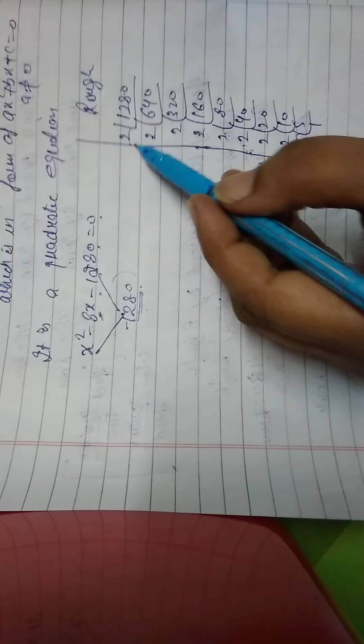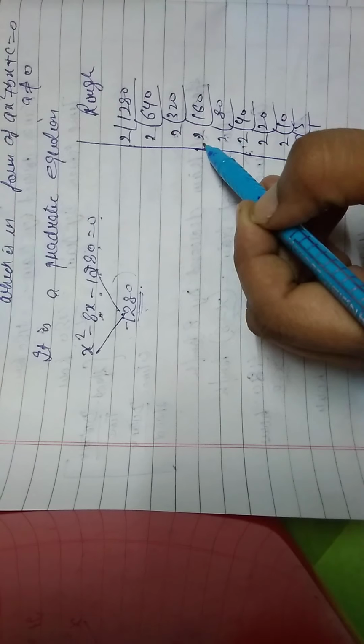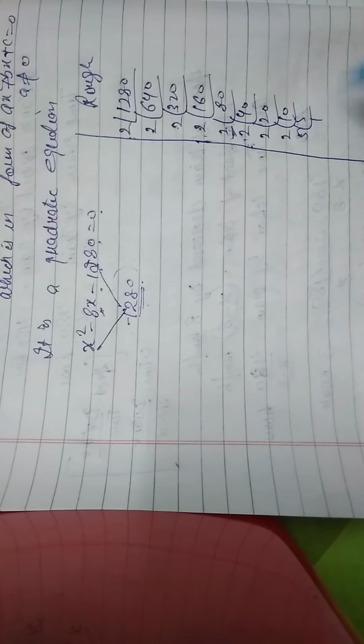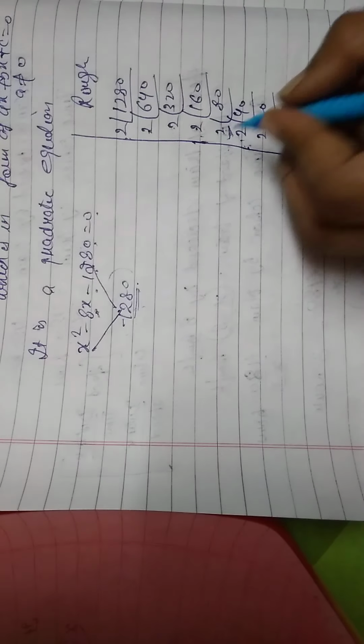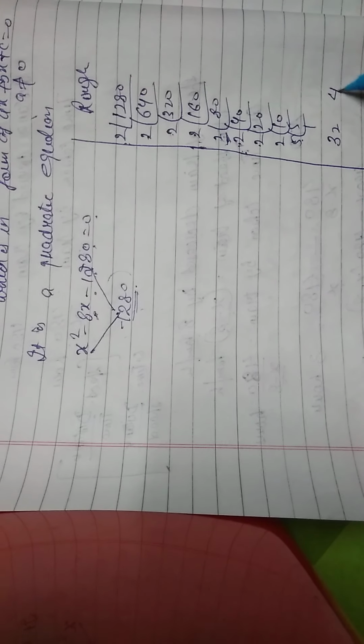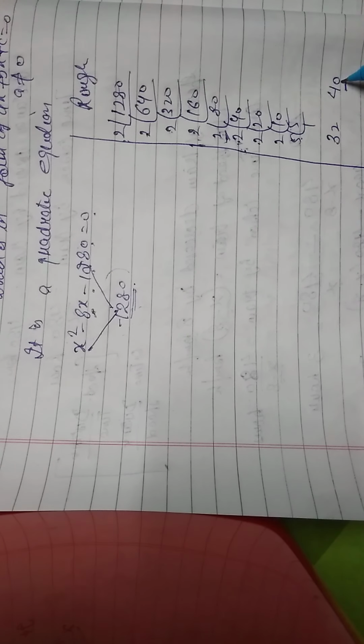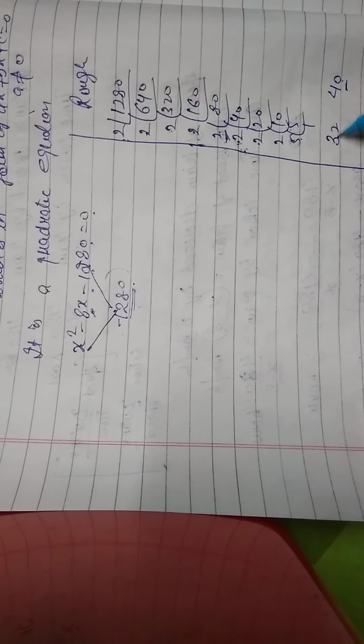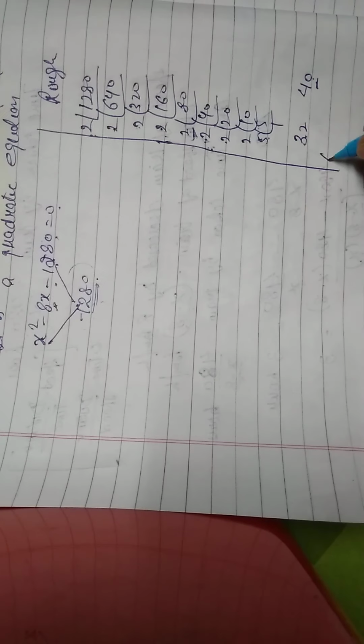The factors are 2, 2, 2, 2, 2, 2, 2, and 5. The first number is 32, and the remaining factors make the second number 40. If we subtract 32 from 40, our answer is 8.